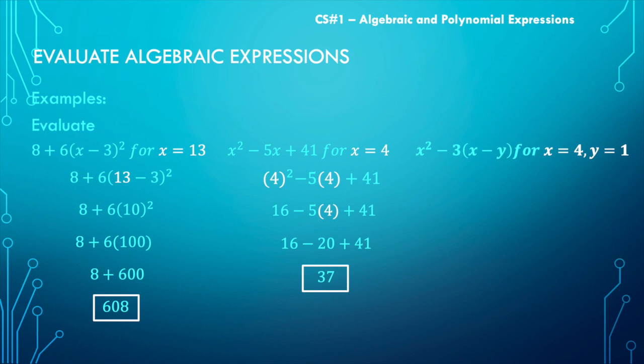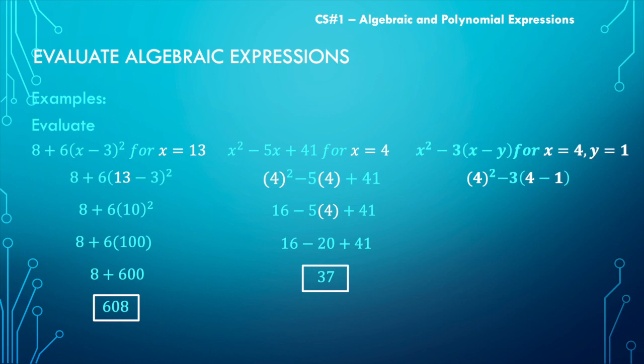So in this last example, x squared minus 3 times x minus y, we're going to replace every instance of x, which happens here and here, with 4, and every instance of y with 1. So replacing the x's and the y's gives us this expression with the values included.